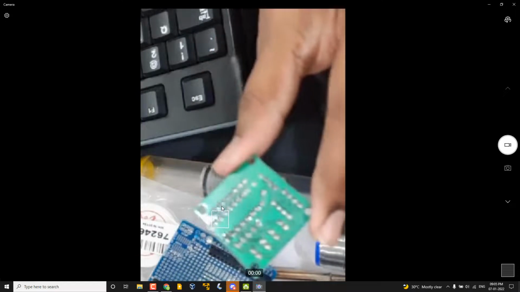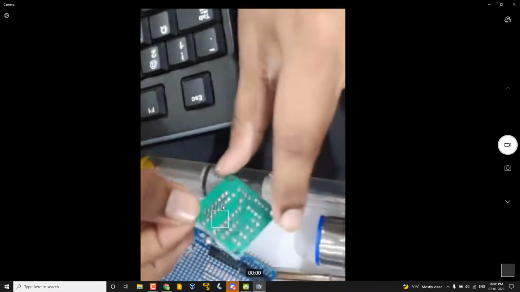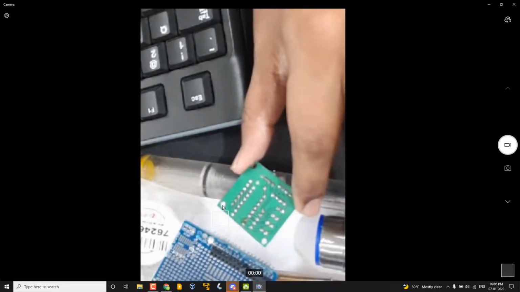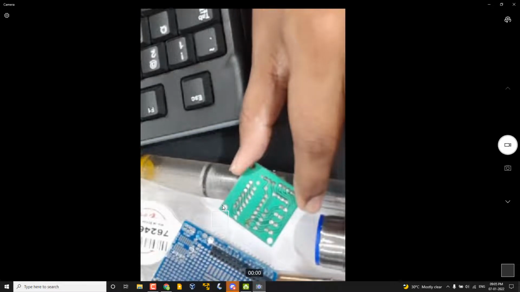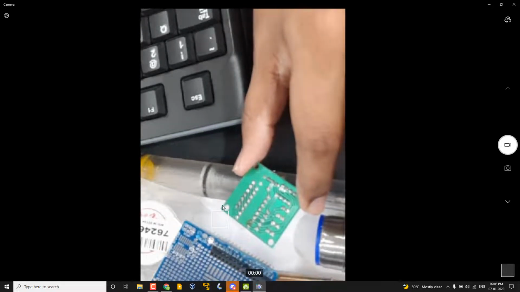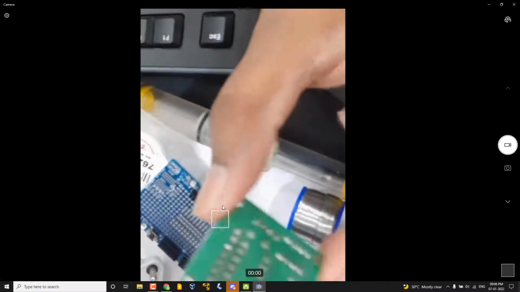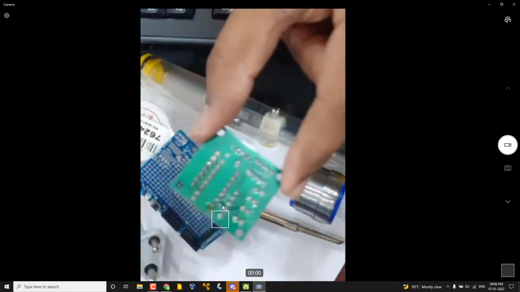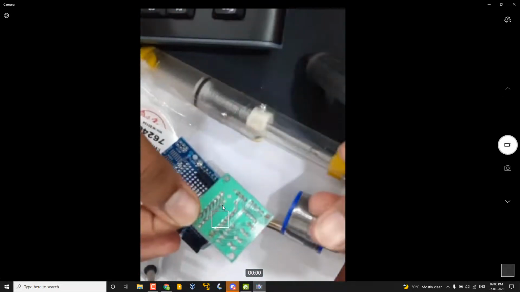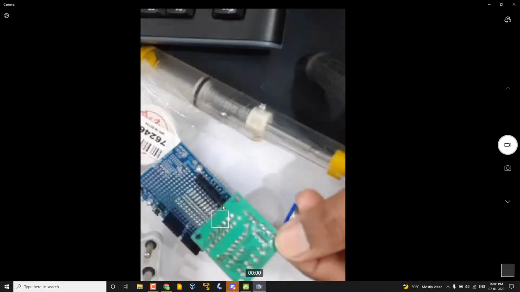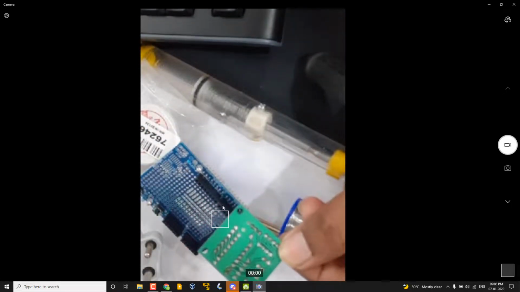Maybe it's focusing on the keyboard, right? Sorry for the disturbance actually. Yeah, now it's better. I think the keyboard is out of the picture.